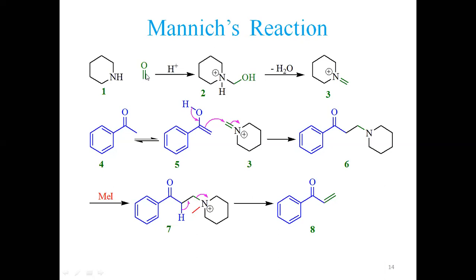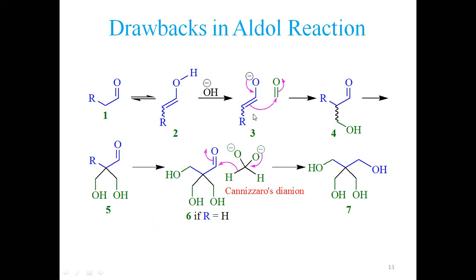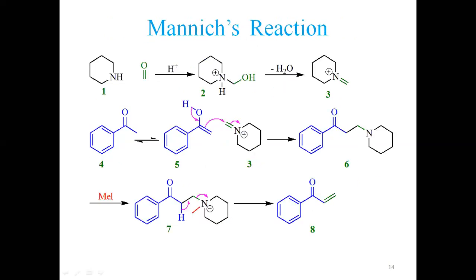Now it is not making such reaction repeatedly. You see, one aldol reaction, second aldol reaction, third aldol reaction, fourth aldol reactions are being done. So to avoid this, this is a very unique procedure, the Mannich reaction.